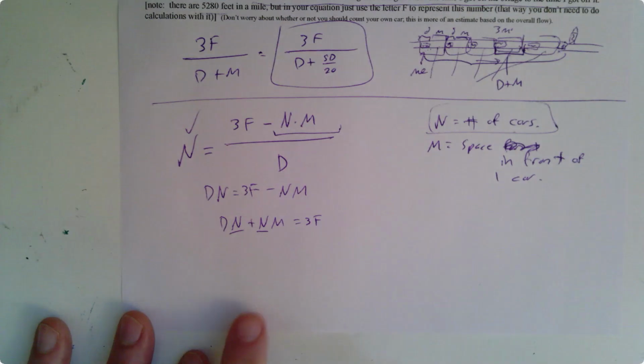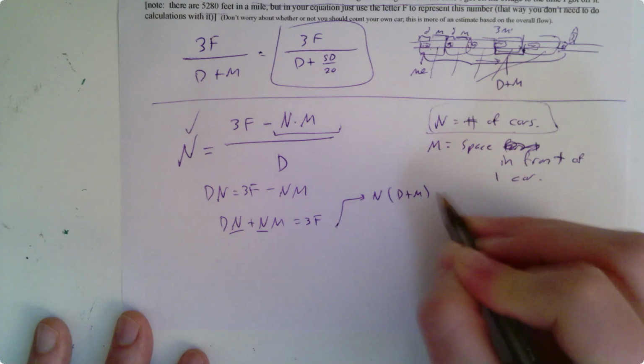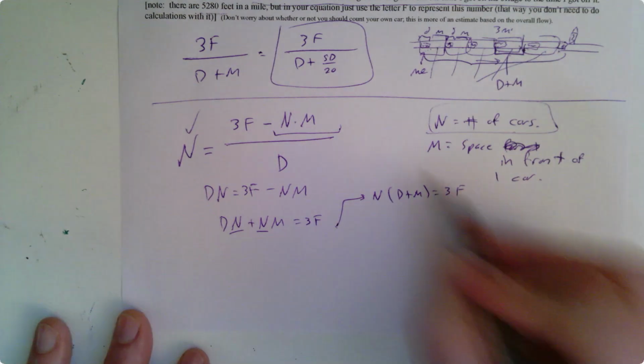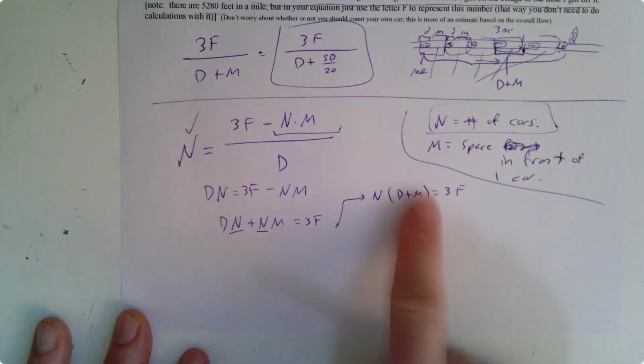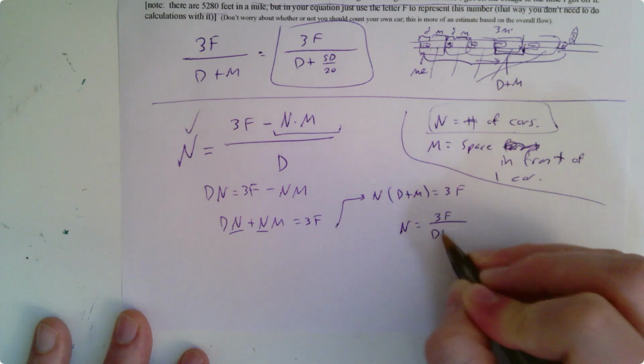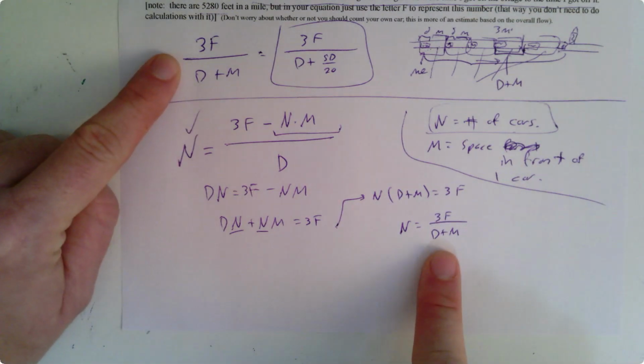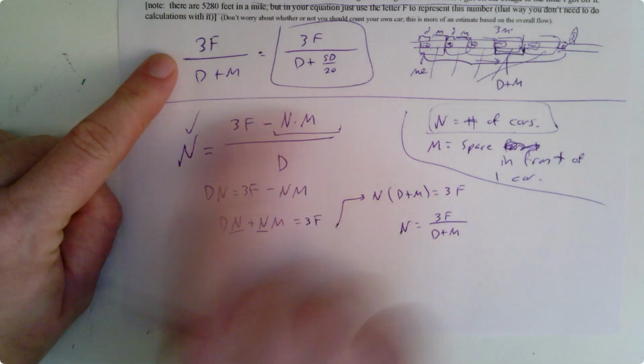Again, n is the thing I'm trying to isolate, so I'm going to factor that out. So n(d plus m) equals 3f. And now I'll divide by that term. So I've got n equals 3f divided by d plus m. And you'll notice that that's the same as what we started with over here. So this way of thinking about it works out just fine.